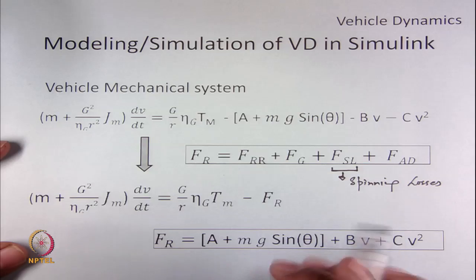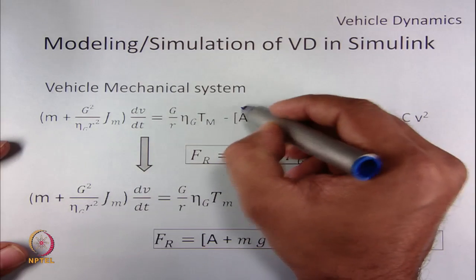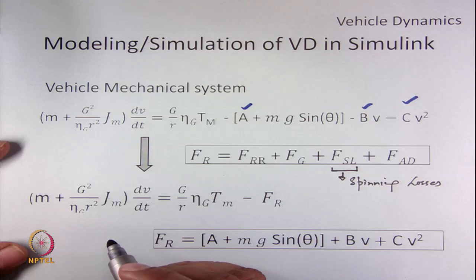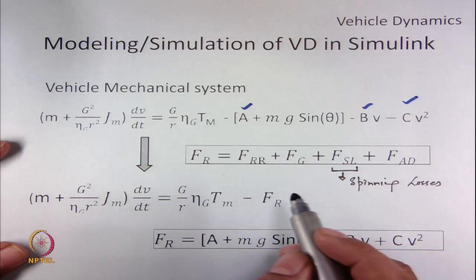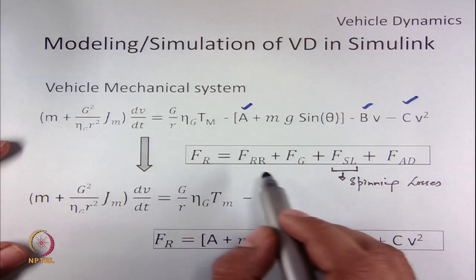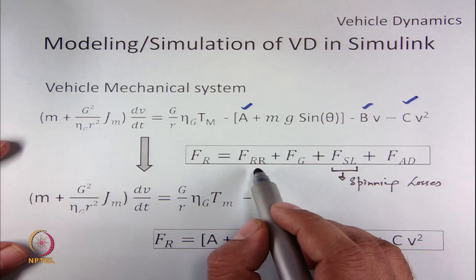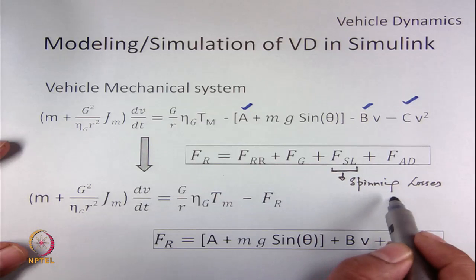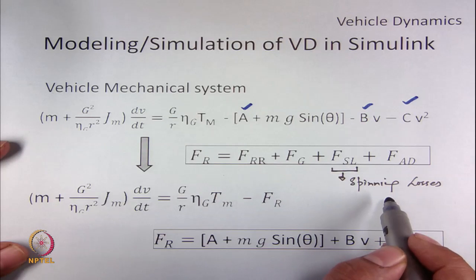We have also seen the method of representing the resistive forces by means of ABC constants. In ABC constants, in addition to rolling resistance force, gradient force and aerodynamic force, we also consider the spinning loss forces as well.